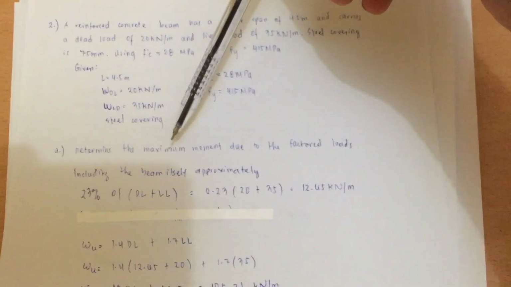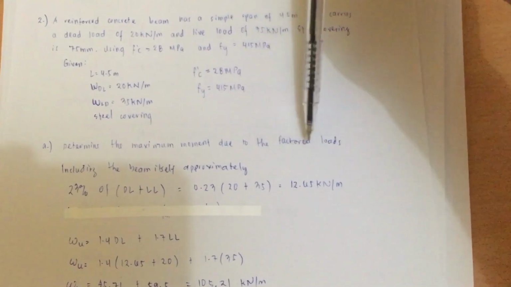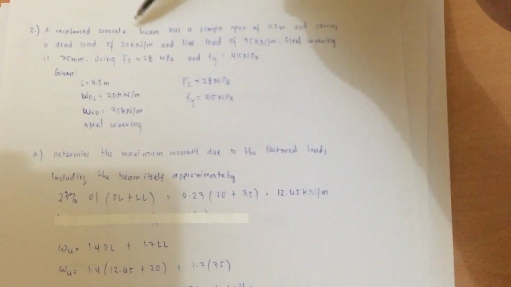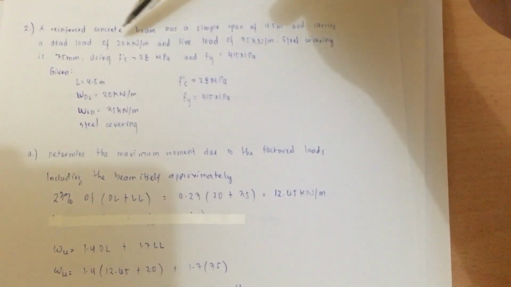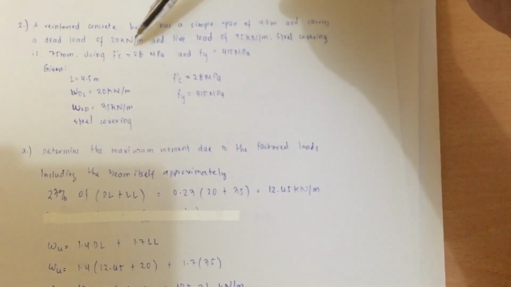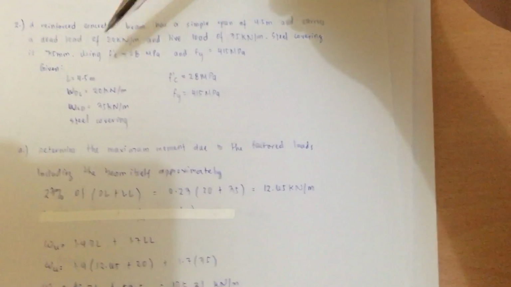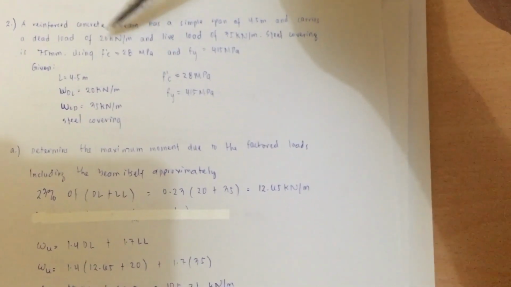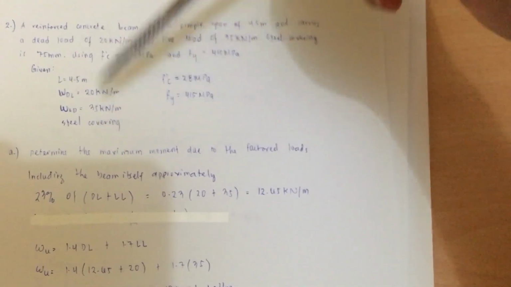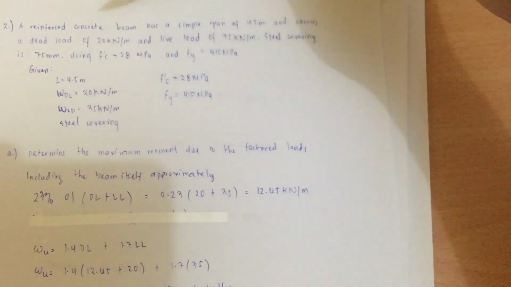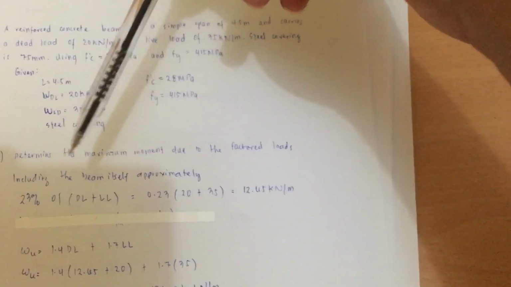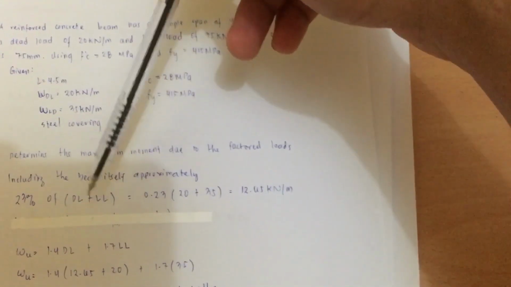Now, in order for you to determine the maximum moment due to the factored loads, we have to determine first the dead load and the live load. So for the dead load, we have 20 kilonewton per meter, and for the live load 35 kilonewton per meter. Now remember, this dead load excludes the weight of the beam itself. According to the book, the weight of the beam is approximately 20 to 25% of the summation of the dead load and the live load that it carries.